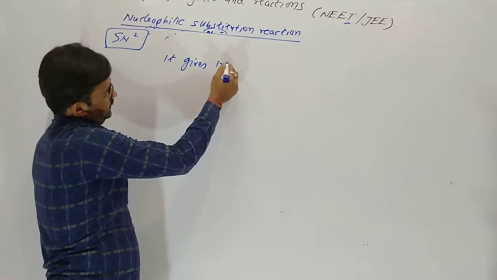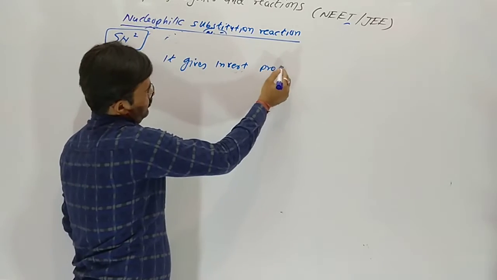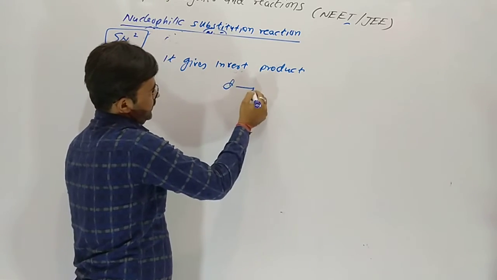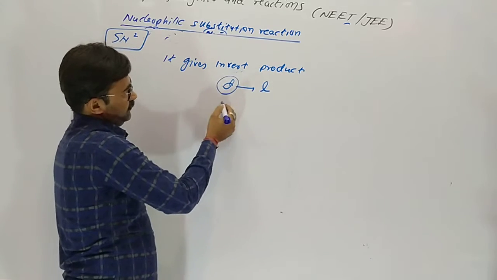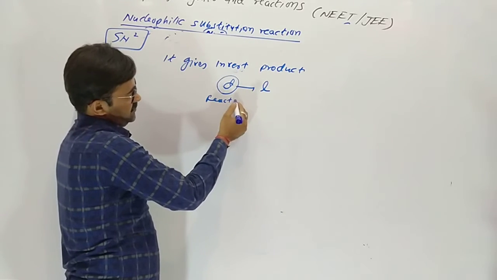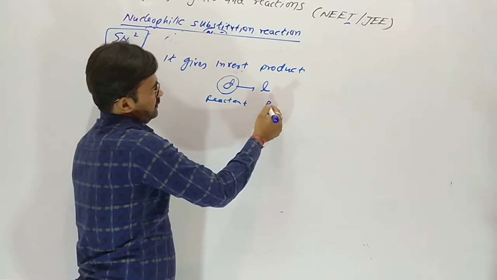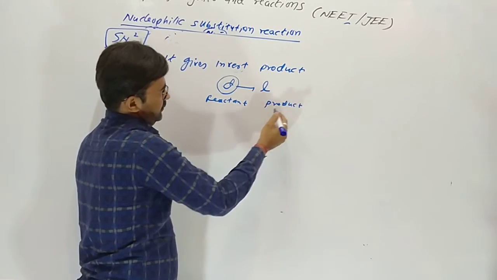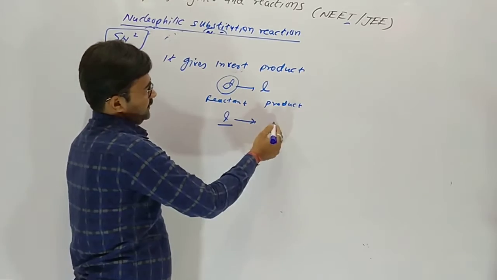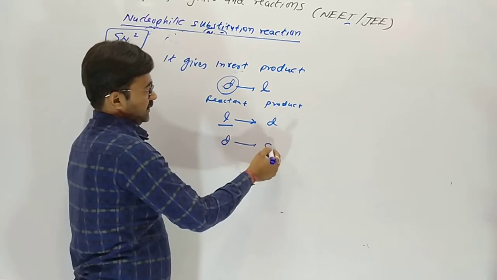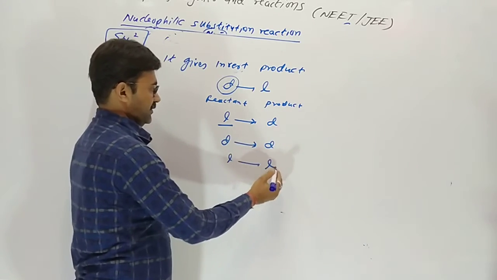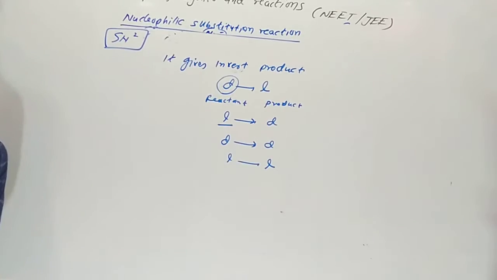Sometimes dextro converts if the reactant is dextro. So it gives a product as levo. If levo is given, then it gives dextro. Sometimes dextro into levo, otherwise sometimes it remains the same.